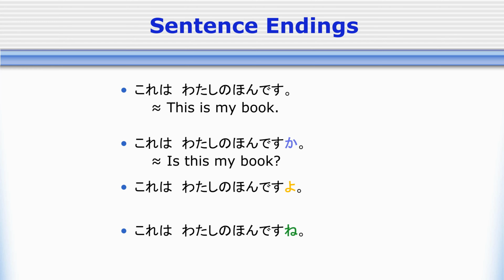So these two concepts are ones that we have already covered in our chapters so far. So making our basic sentences and making a question. Today I'm going to teach two new sentence ending particles we can use.